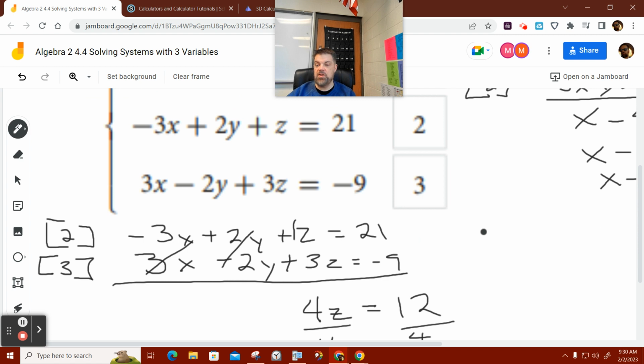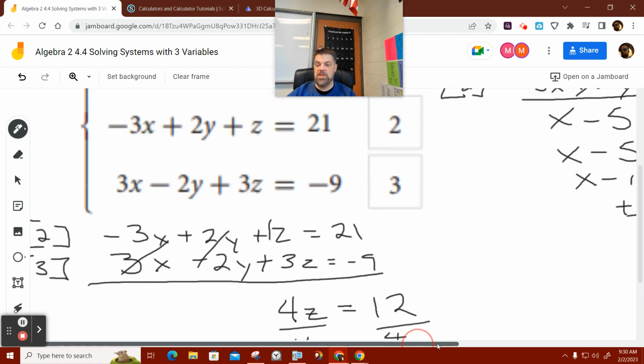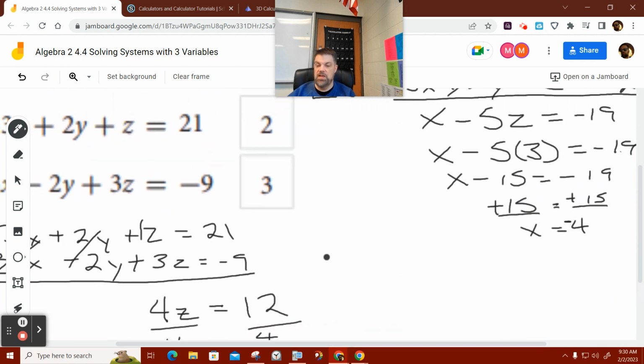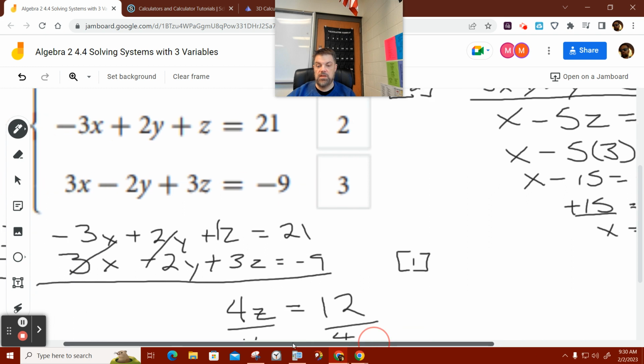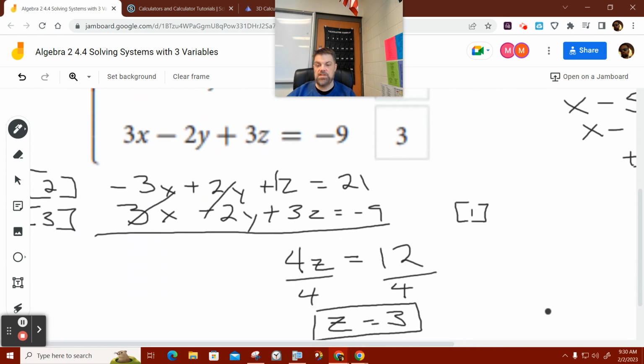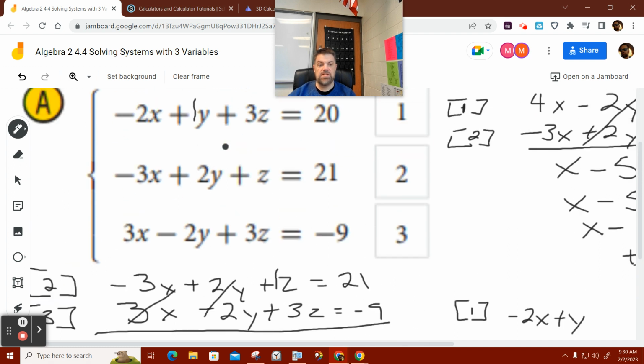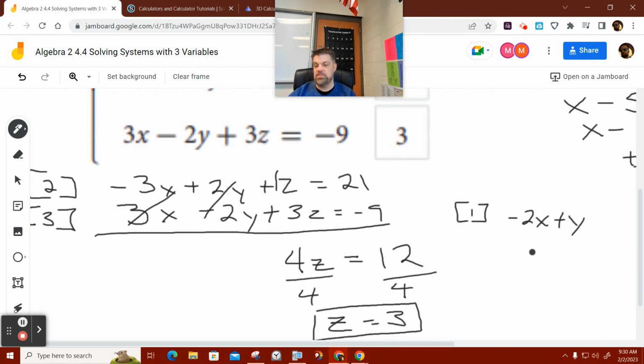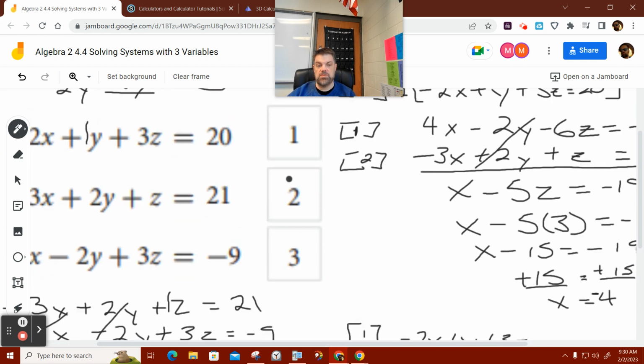So equation 1 is negative 2x plus y plus 3z equals 20.